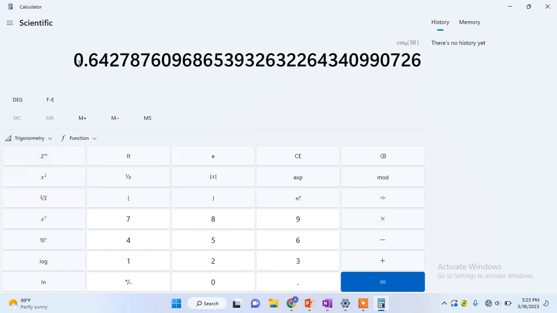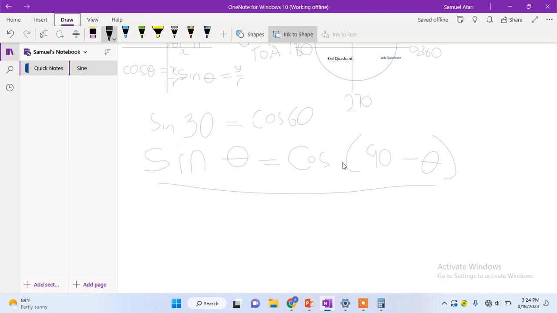You see it's also 0.642. You get it? So it means they are complementary. Sine 40 and cos 50 are complementary. Please, when you are typing this, make sure that you are in the degree mode. If you are in the radian mode, you may get a different answer. So make sure when you are working, it should be in the degree mode, not the radian mode.